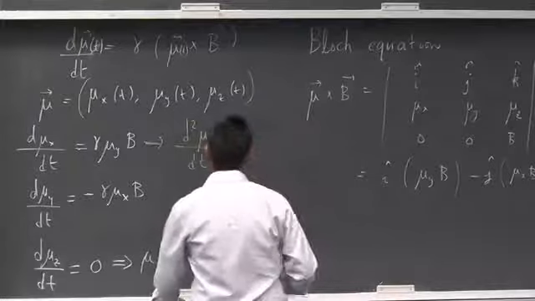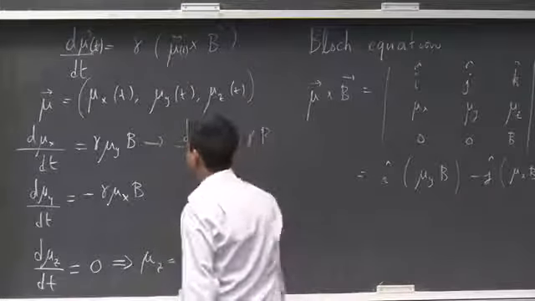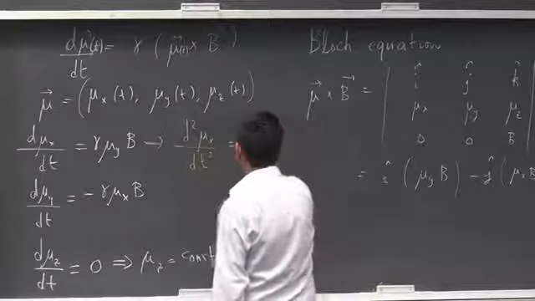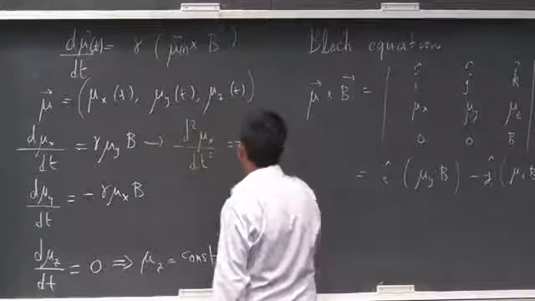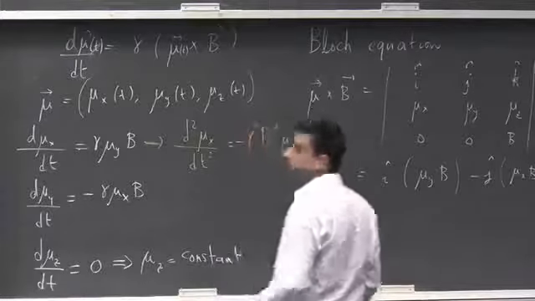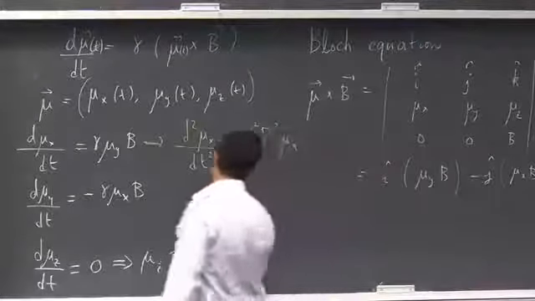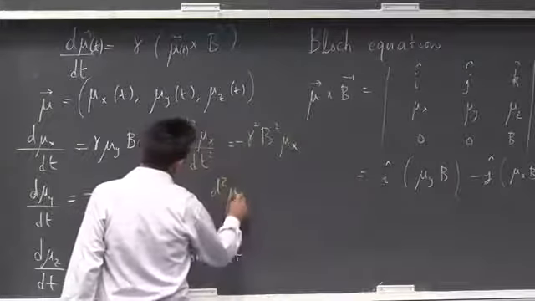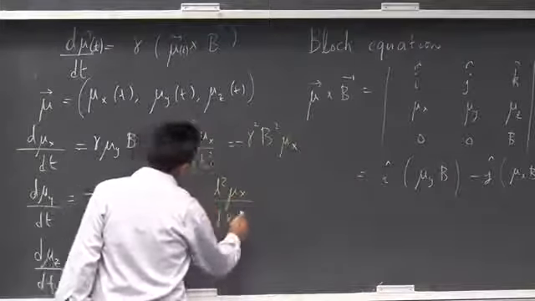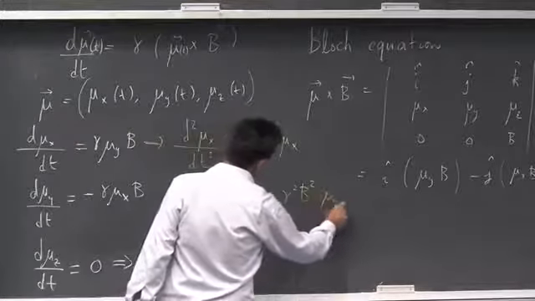So this is gamma b d mu y over dt, which is minus gamma squared b squared mu x, right? Okay, so now I can solve this equation. This equation can be solved quite simply. d squared mu x over dt squared plus gamma squared b squared mu x is 0.